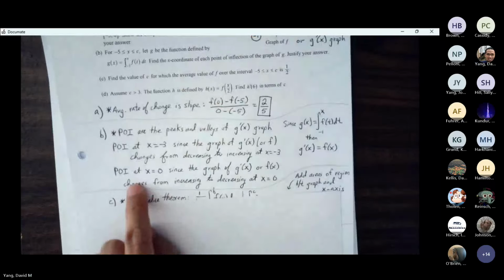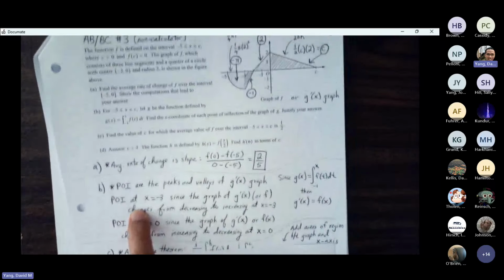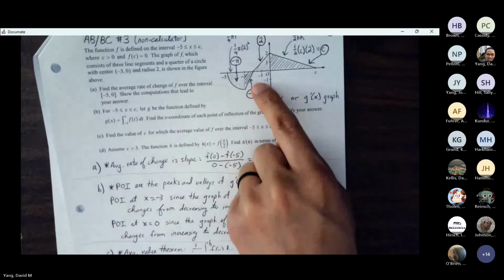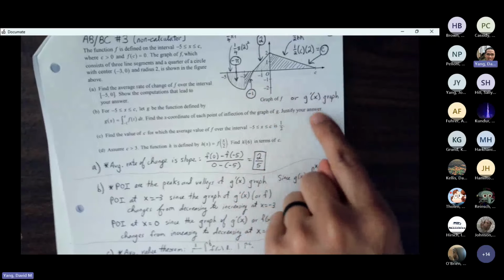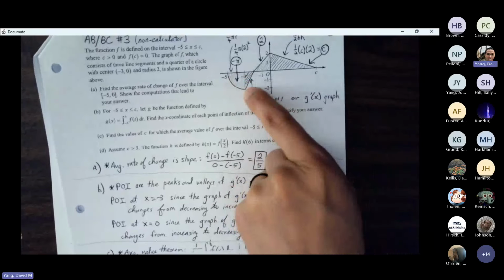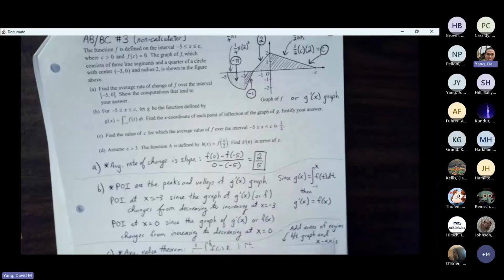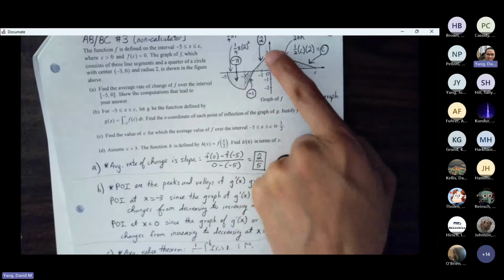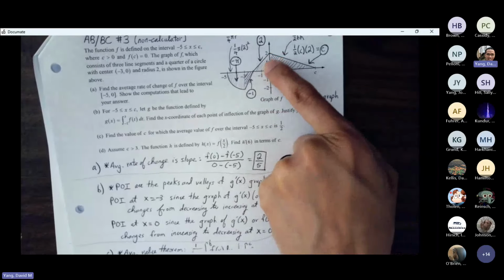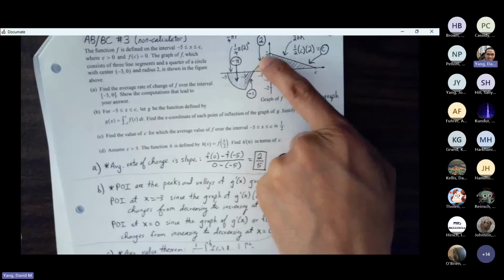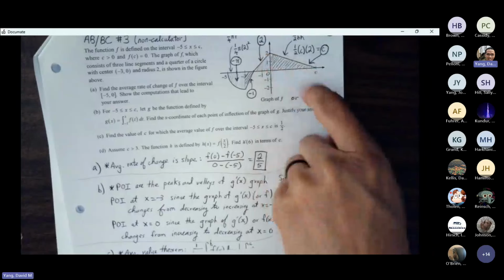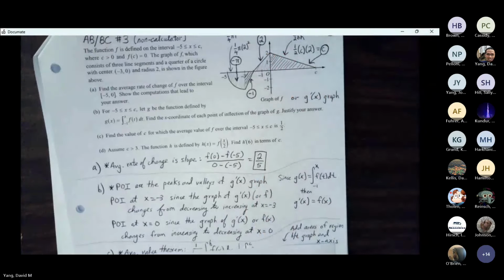So a point of inflection occurs at x equals -3, because g prime changes from decrease to increase there. And there's a point of inflection at x equals 0 because g prime, or f, changes from positive slope to negative slope, or from increase to decrease.